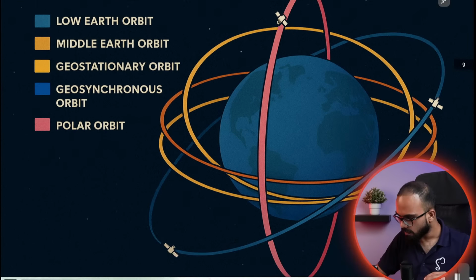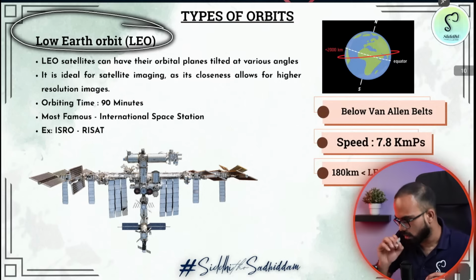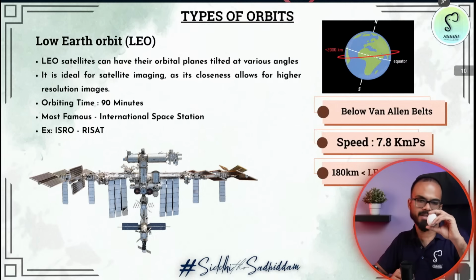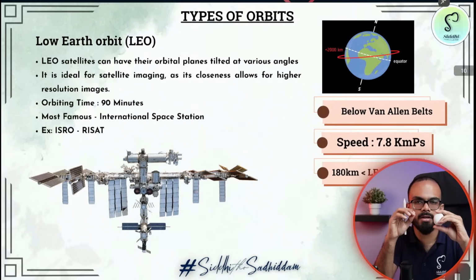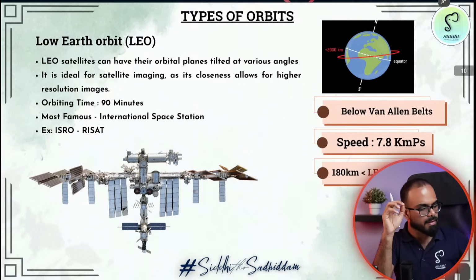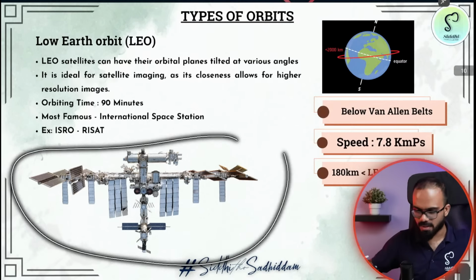Now, the first type of orbit that we are talking about is low Earth orbits. As I was telling you, the satellites in low Earth orbits are faster. If you want your satellite to be closer to the Earth's surface, then you need to place it in low Earth orbit. For example, we have the International Space Station.